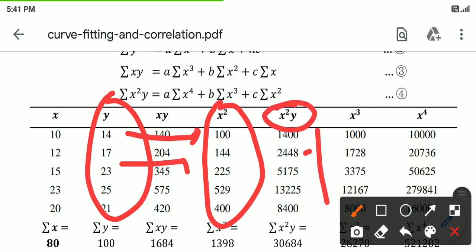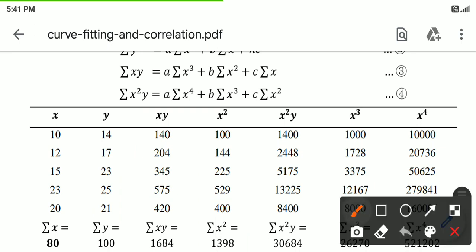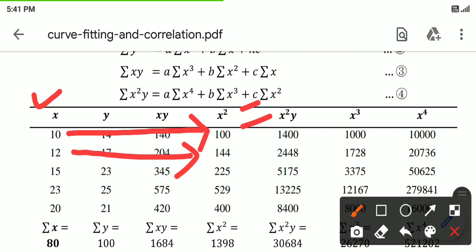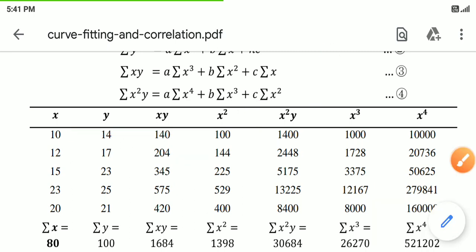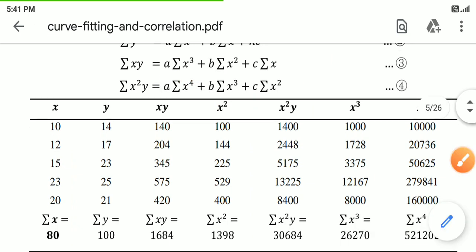Then the sum of all elements gives summation of x square y. Summation of x cube means cube of the x column, or multiply x into x square. So you can easily find x cube and x raised to 4, because x cube and x raised to 4 are required.